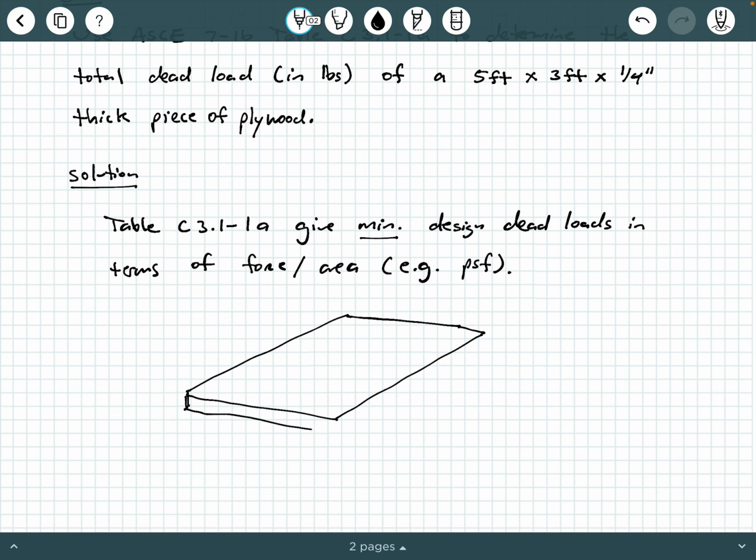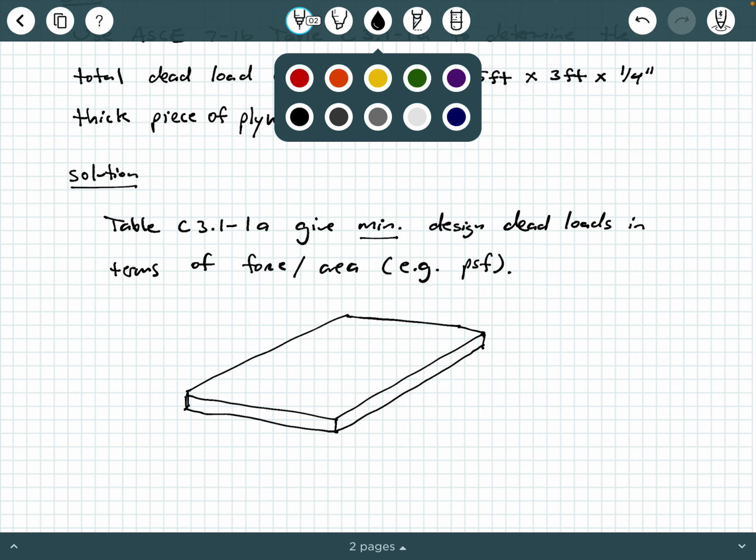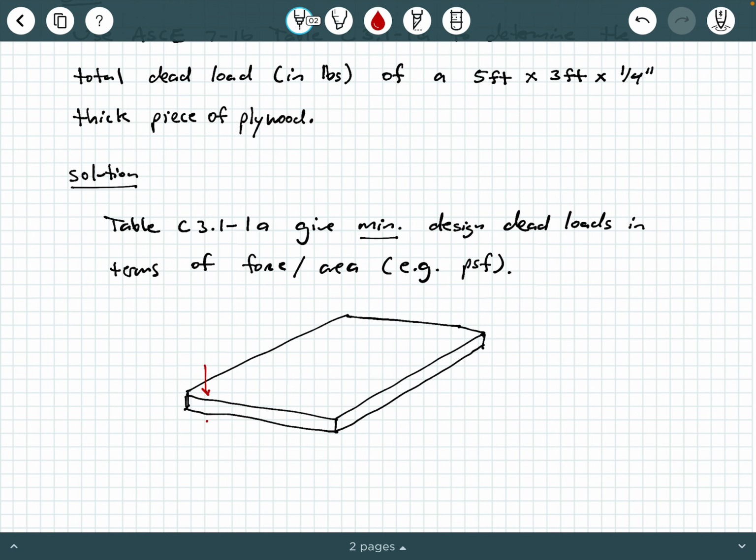So I'm going to draw out this piece of plywood as part of my solution. It has a thickness of 1/4 inch, and the other dimensions are 3 feet and 5 feet. We want to know the total dead load, or the total weight in pounds, of this piece of plywood. This is something you could commonly find at a hardware store.